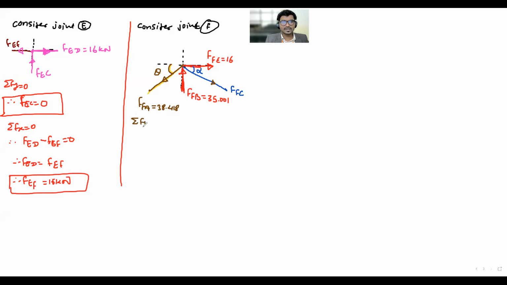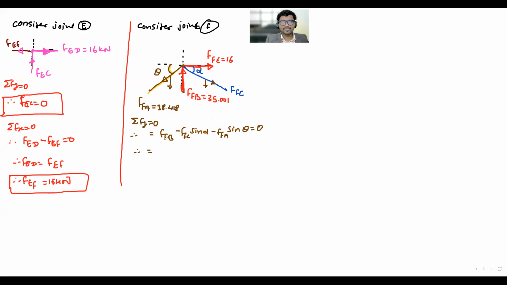Summation of forces along y-axis is equals to 0. Therefore, FFB positive, then the component of FFC will be down as per assumed direction, so minus FFC sine of alpha. Then the component of FFA will also be down, so minus FFA sine of theta equals to 0.